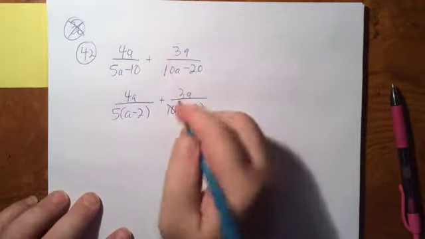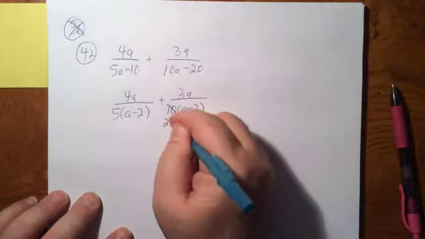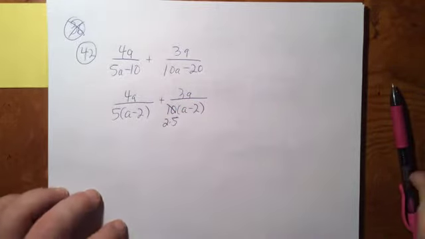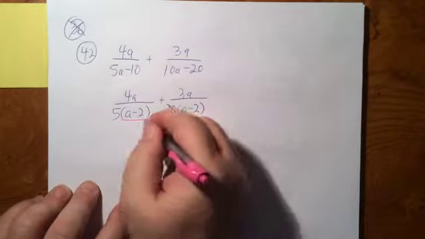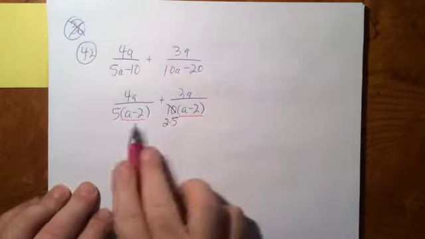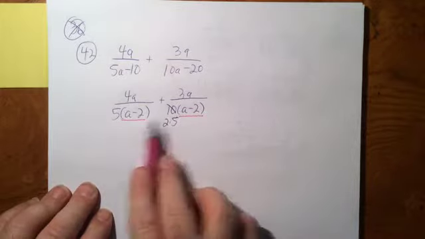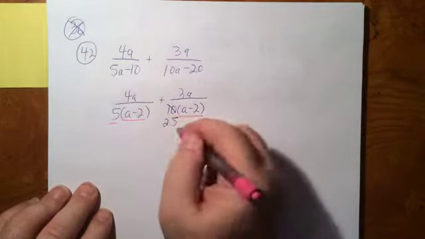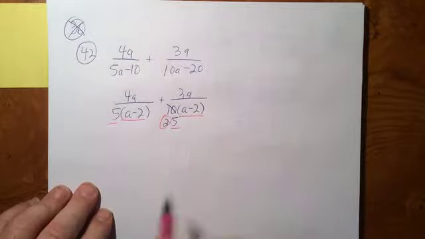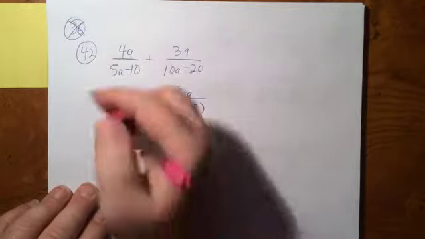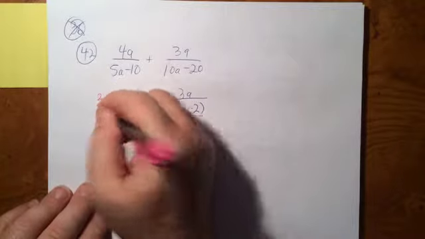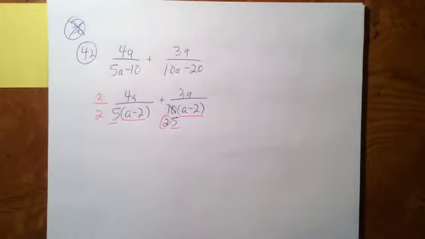I'm going to further rewrite it as 2 times 5 times a minus 2. The reason I'm doing that is when I'm comparing these two, I see a common factor of a minus 2 and a common factor of 5, but I have a factor of 2 that's not common over here. Therefore, I need to multiply the top and bottom by 2 over here.